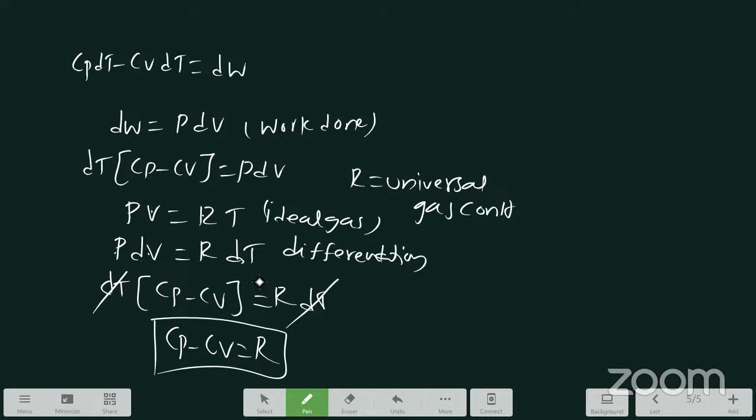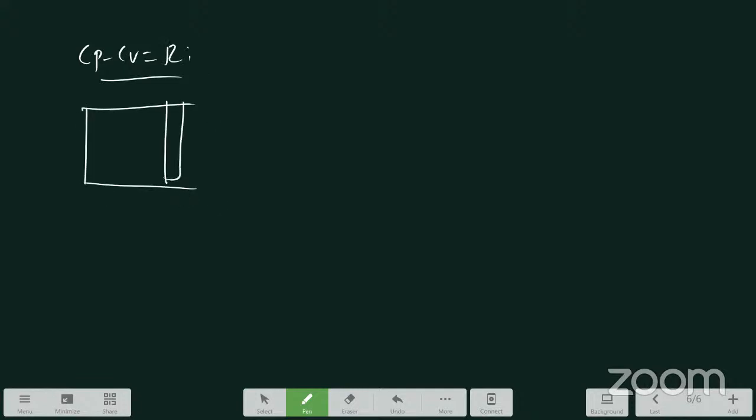This answer, within a few minutes, I am giving in a short way. See, Cp minus Cv equals R. This is the ideal gas.